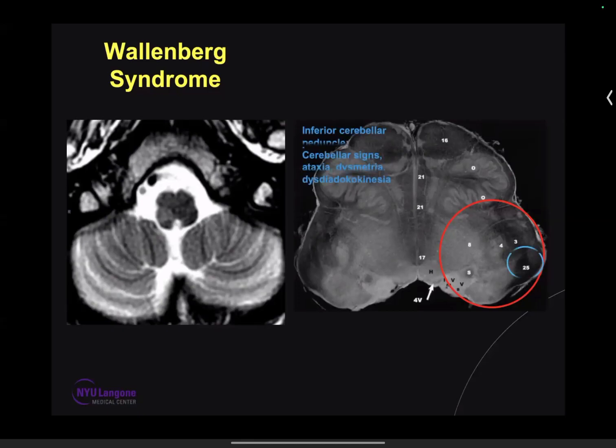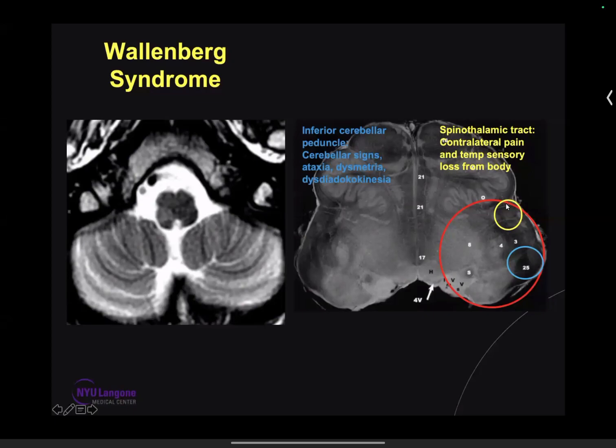Once I knew all the structures in this region, it becomes very, very easy to understand how these signs and symptoms arise. For example, the injury in this region involves the inferior cerebellar peduncle, and that brings in these fibers, so that leads to cerebellar signs, including ataxia, dysmetria, dysdiadochokinesia, right? The spinothalamic tract, in this part of the dorsal brainstem, causes contralateral pain and temperature sensory loss from the body.